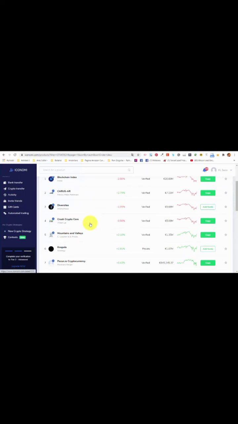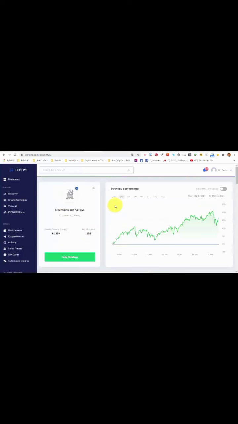And another thing that we are looking at, again it will be your decision whom you want to copy, or if you want to copy anyone at all, is, for example, you click on a strategy and we look at the all-time performance, and we look for strategies which are old, like over 2 years old.